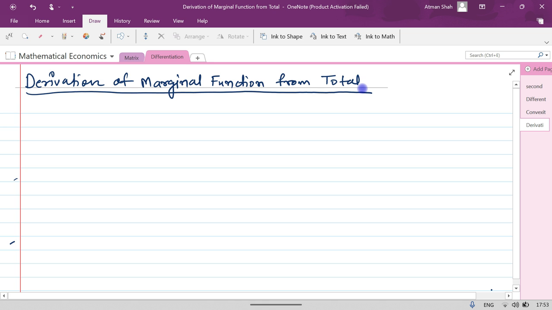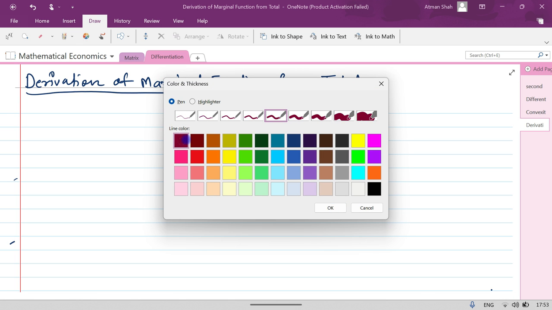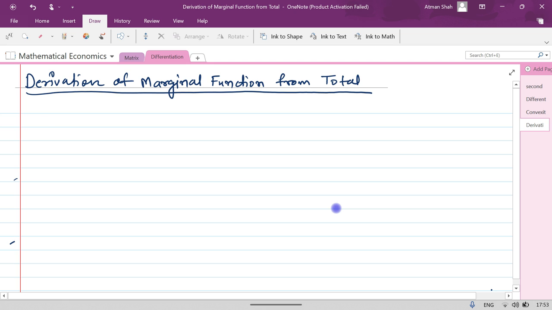So now let's understand how we can use the concept of differentiation in this case. Suppose we have a total function with us, for example total utility or total cost or total revenue.